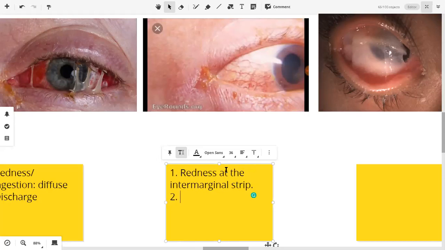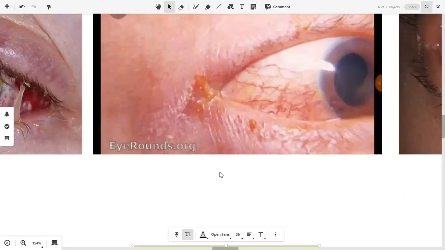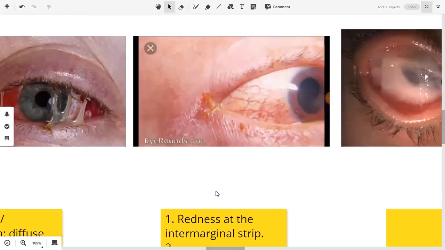Now, the second finding is at the outer canthus. What do you think is wrong at this area? Someone tell me. Is there discharge? Discharge, okay. There is either redness or yellowness at this outer canthus. We cannot appreciate frank fluid as such as we saw in this case.